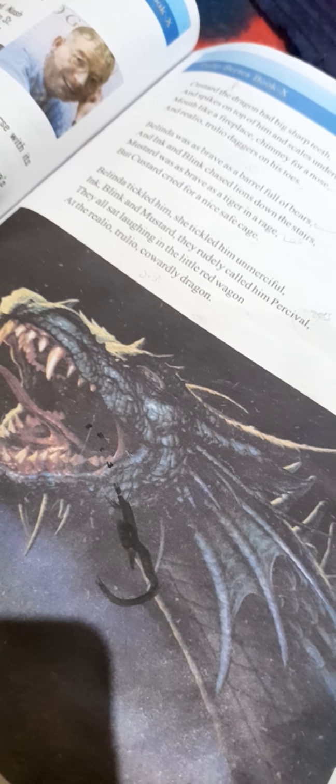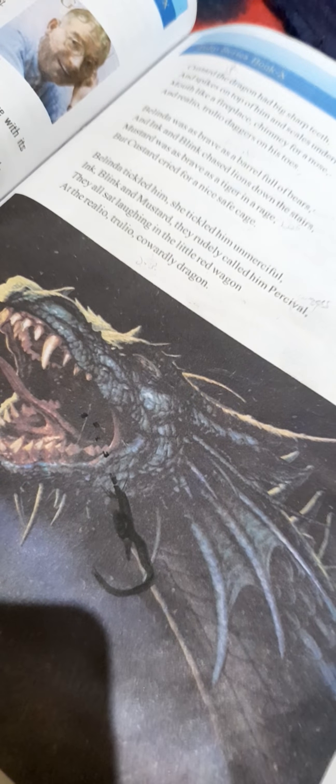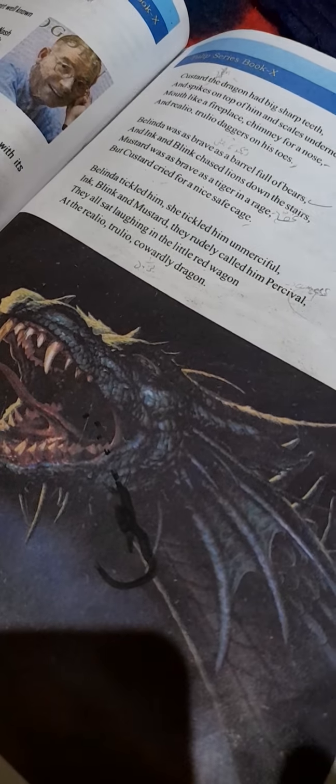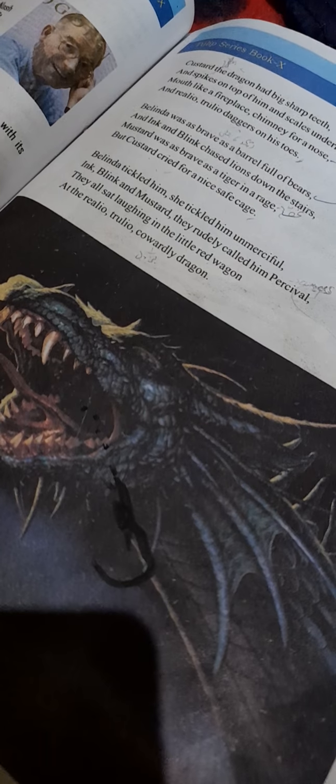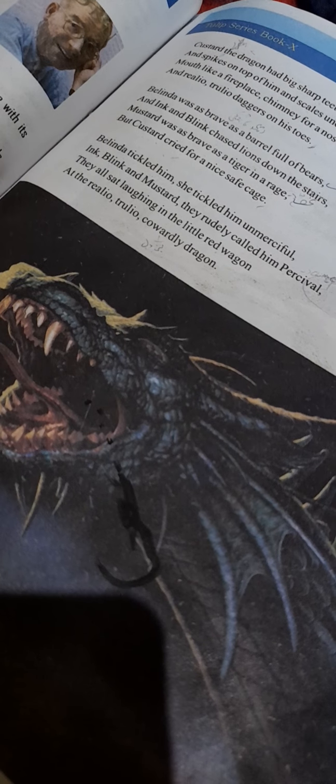And in this poem, the poet uses the device of simile in the third line of the second stanza when he compares Belinda's dog with Mustard, saying that both are sharp, and also uses the word as while making the comparison.